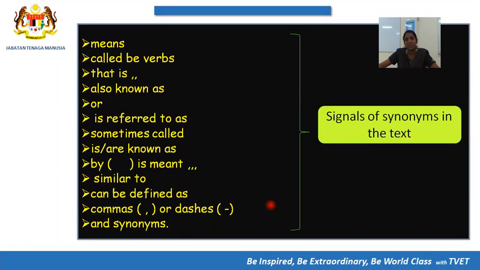So usually we can see the signals of synonyms in the text by having such words here. These are the signals, means these are the synonyms.